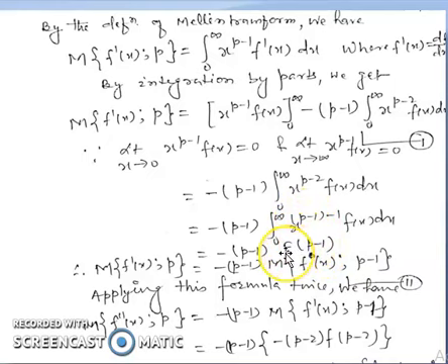Therefore M of f'(x) such that p equals minus (p minus 1) M of f(x) such that p minus 1.